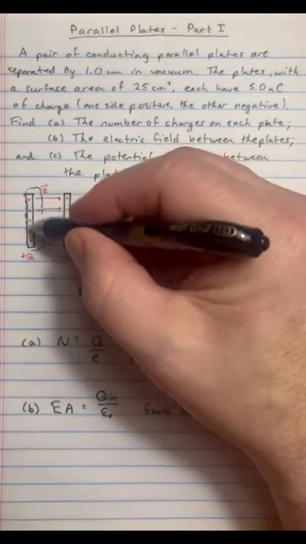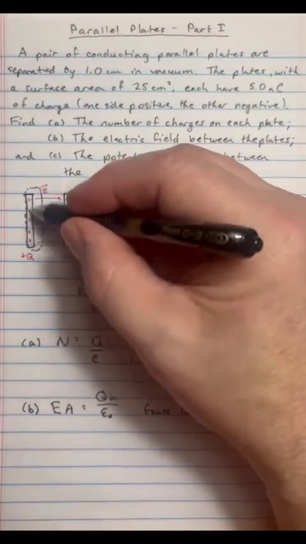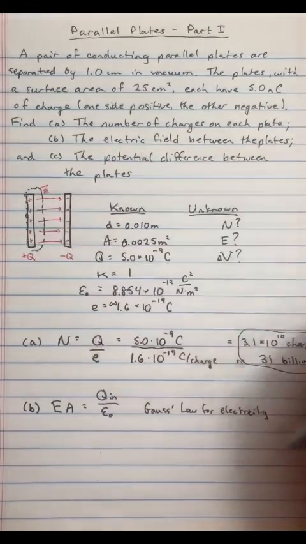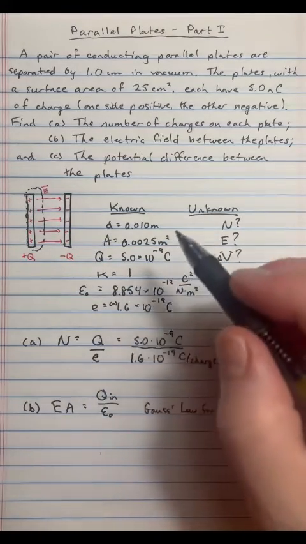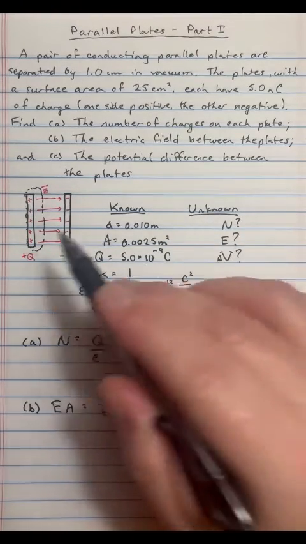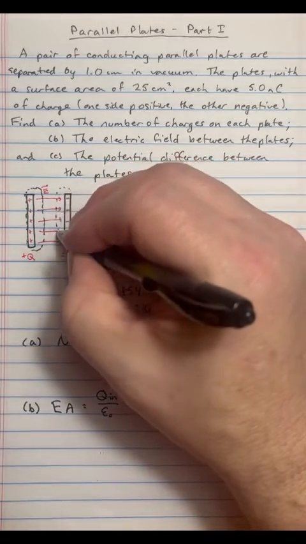There's the positive charges. And what's the area? It's the surface area of the plate itself. So we can calculate the electric field that is associated with that plate. And we could do a similar calculation for this section over here if you prefer as well.